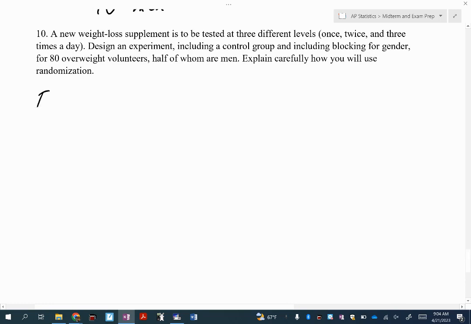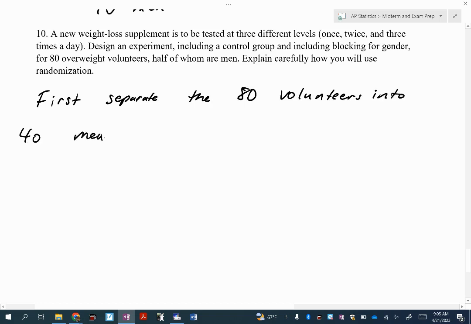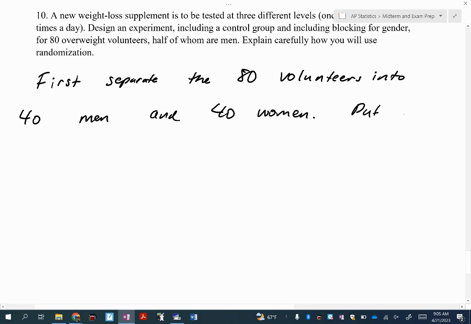Okay. All right, so first, separate the 80 volunteers into 40 men and 40 women. Put all 40 names of the men in a hat.